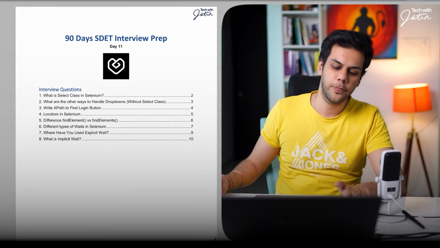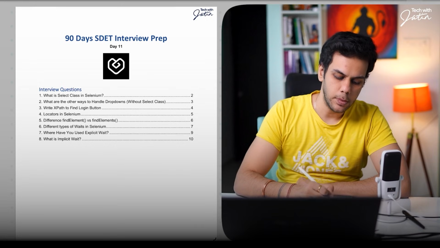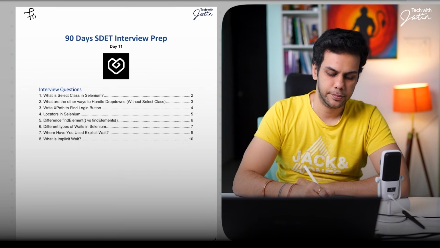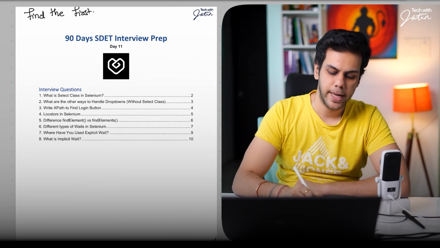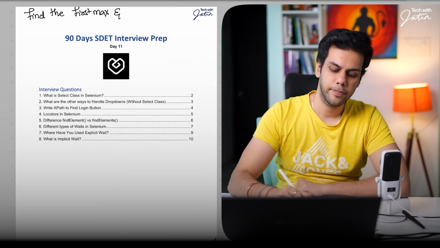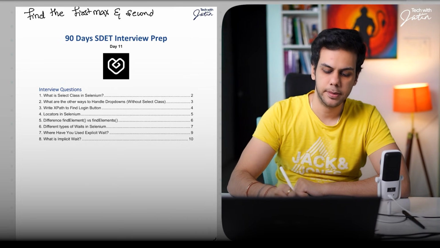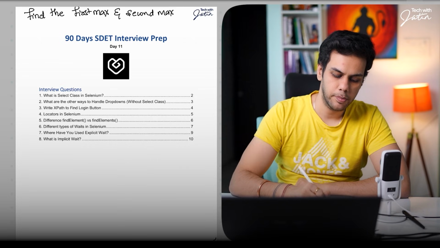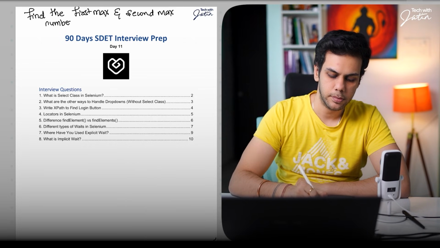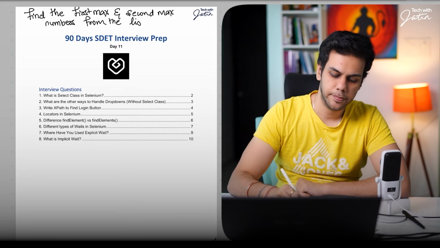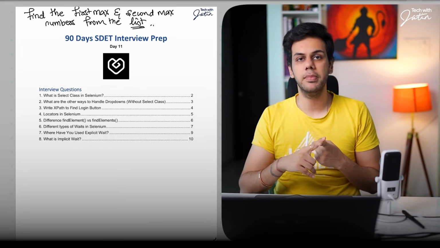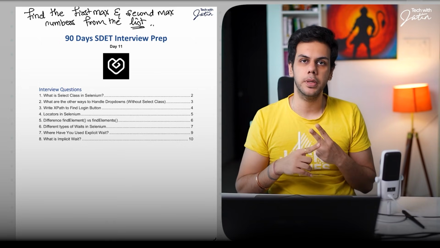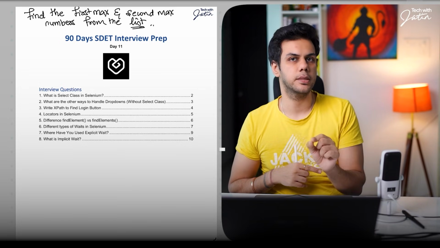So the question is: find the first max and second max number from the list. We need to find the first maximum as well as the second maximum numbers from the list.